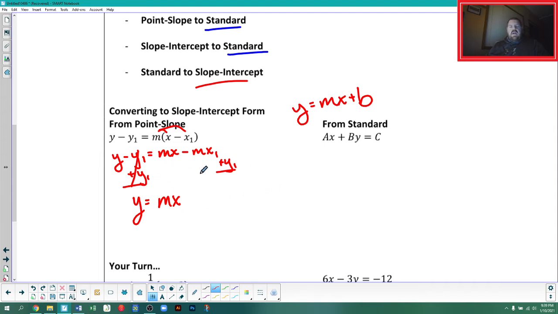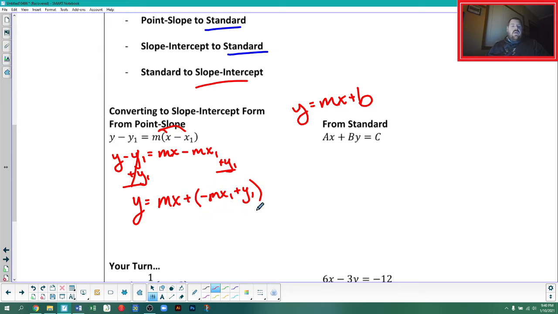So we get mx. And sort of the quickest way to say it is I'm actually going to make this a positive and then a minus mx1 plus y1. So that's how I took care of that negative, was just to put it in parentheses.